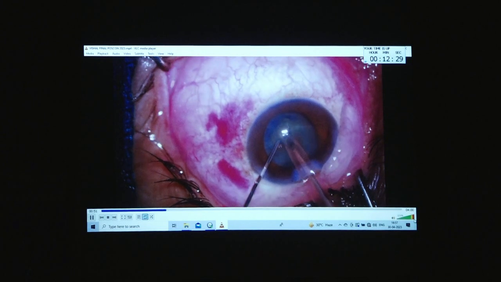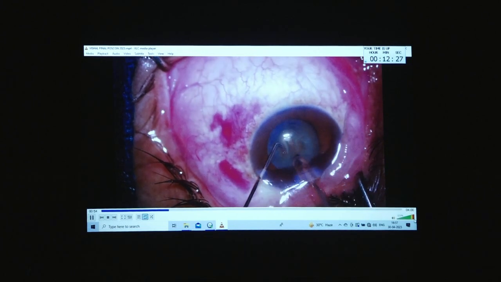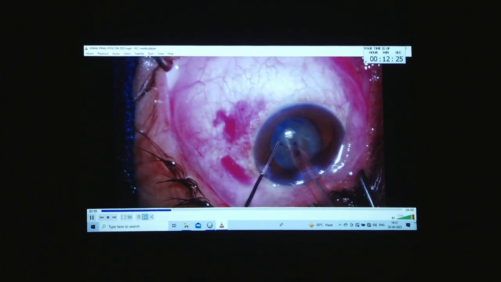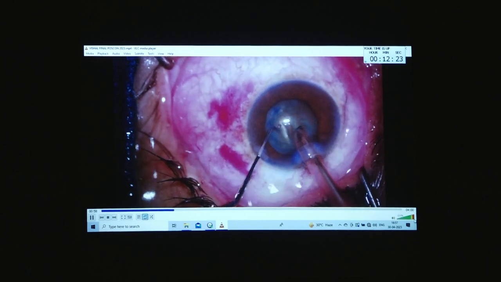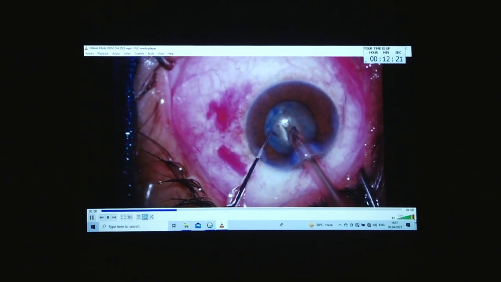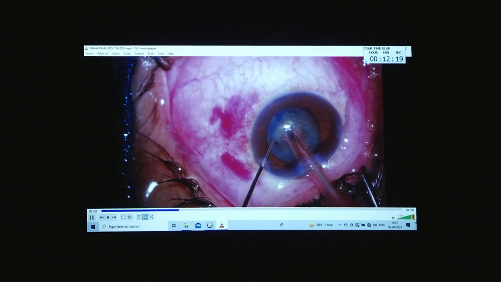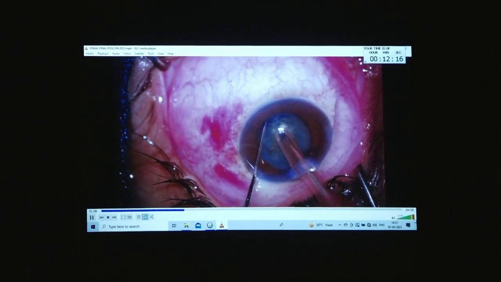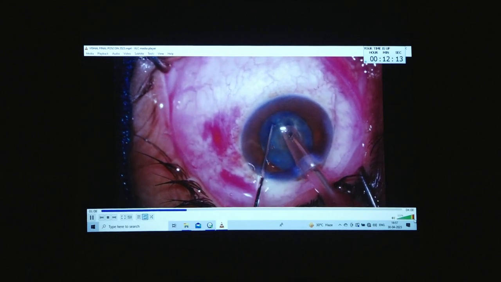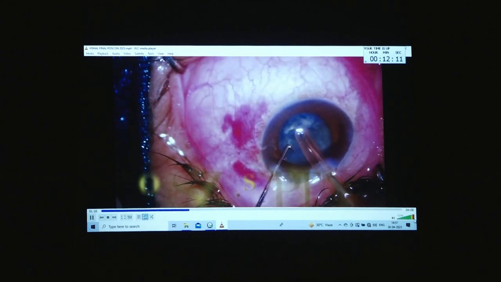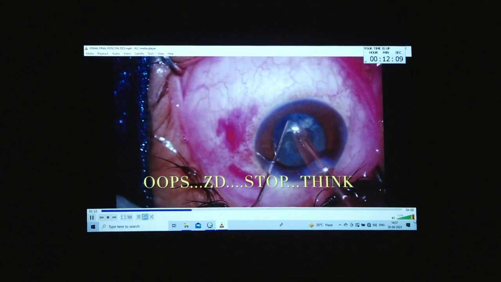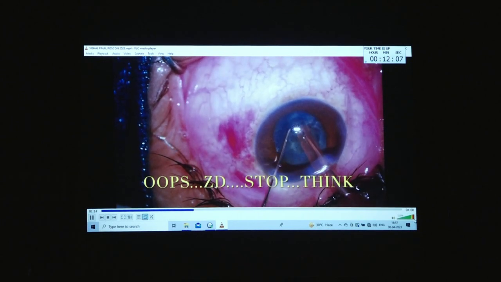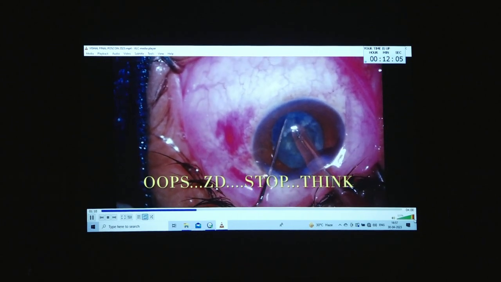Then I started my phaco and planned a slight trenching so that I could get space for direct chop. With this plan I started, but as I was trying to hold, initially I was not getting the grip because of the small pupil size. So again I retried and, oops, I noticed something, so I stopped and there was ZD.